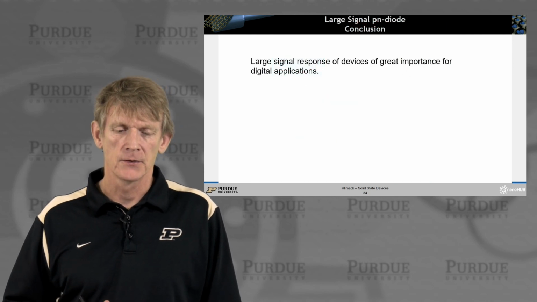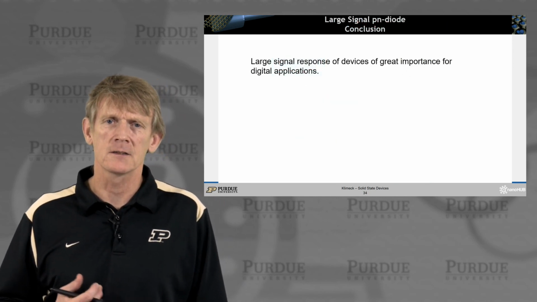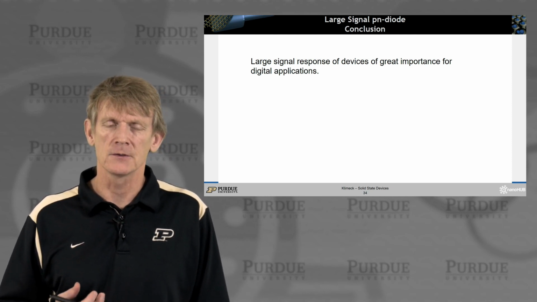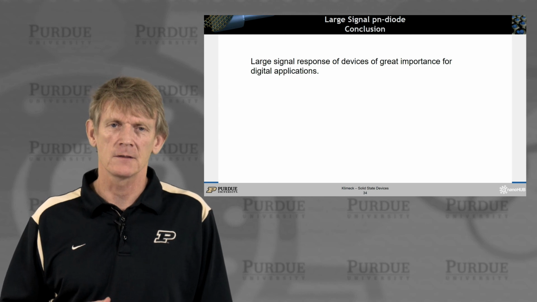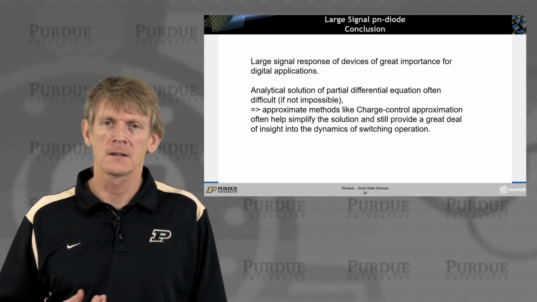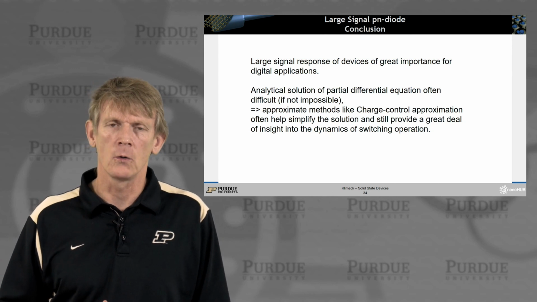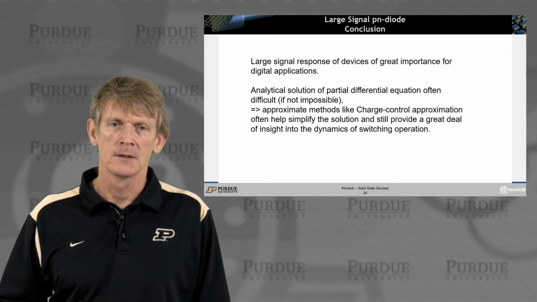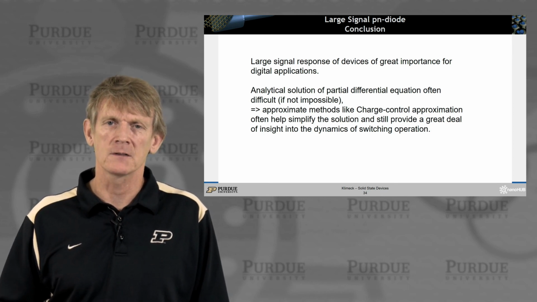Let me conclude that the large signal response is of importance to digital applications. You have diodes in your phone. You use this all the time, whether you know about it or not. The analytical solutions as a whole are virtually impossible to carry through, so you need to introduce an approximate model.